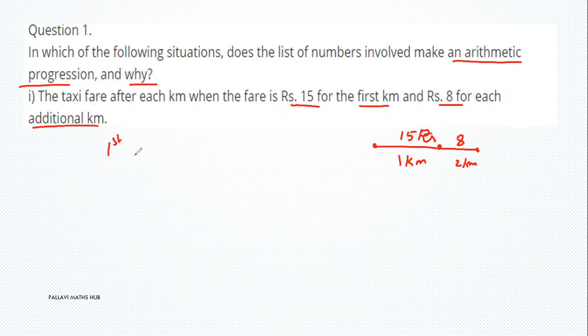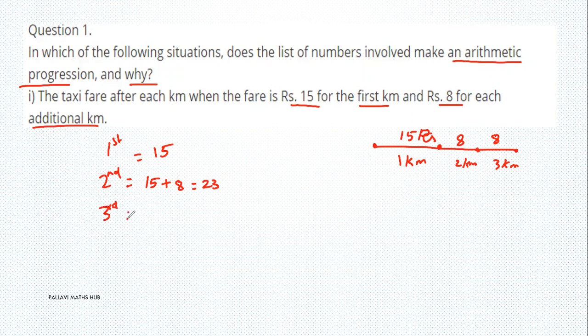For the first kilometer, the taxi fare is 15 rupees. If you travel 2 kilometers, then you pay 15 plus 8 rupees extra, which is equal to 23. Again, if you travel 3 kilometers, you pay an extra 8 rupees.